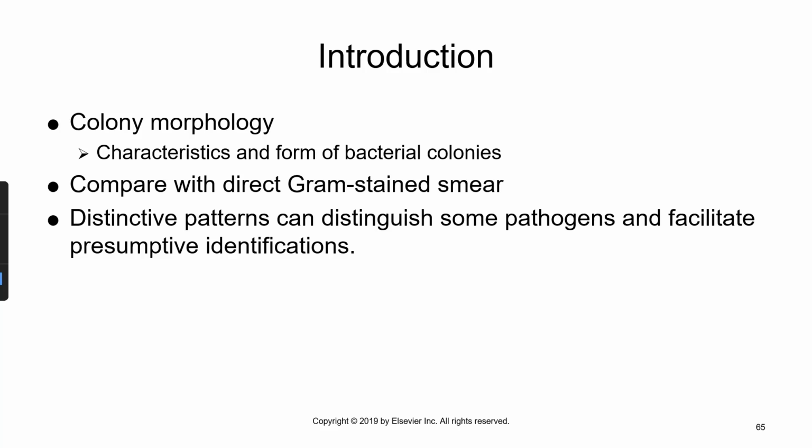We never just do one test on a microorganism and say, yep, this is what it is. We always do multiple tests. So three easy things we can do are a gram stain, colony morphology on different plates, and then we can follow that up with some metabolic testing. That gives us three pieces of evidence as to what the organism might be.